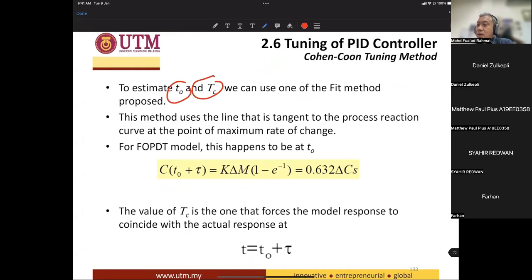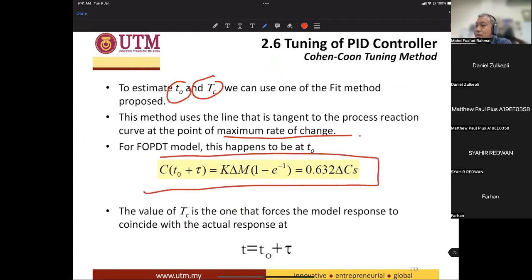This method uses the line that is tangent to the process reaction curve at the point of maximum rate of change. So for first order process with time delay model, this happens at T naught plus tau, K delta M (1 minus exponent minus 1), which is more or less about 0.632 delta CS.